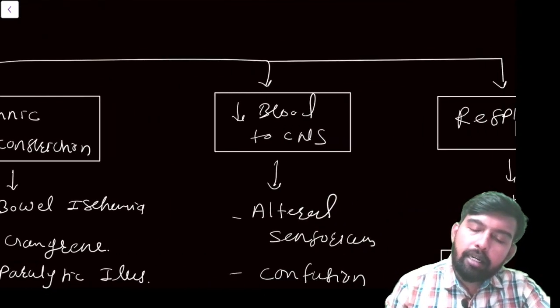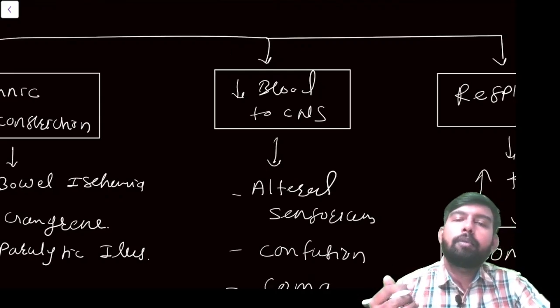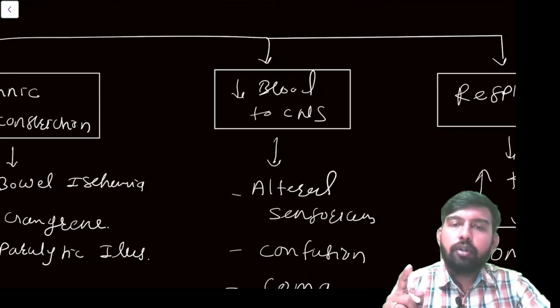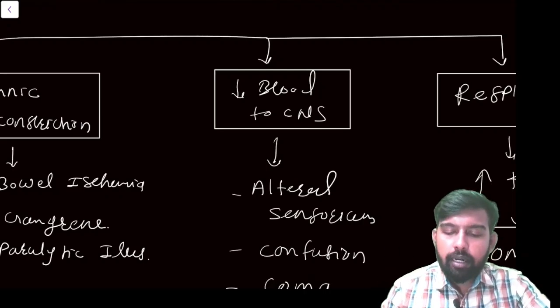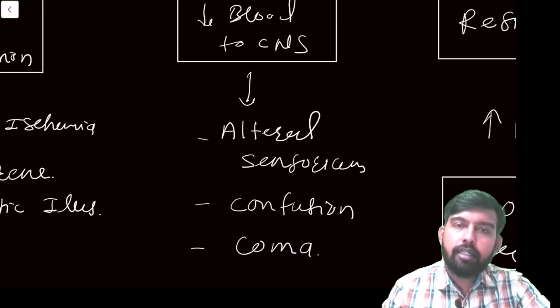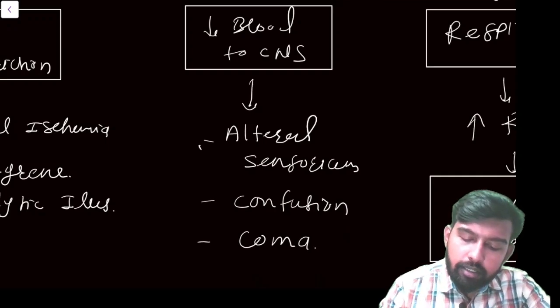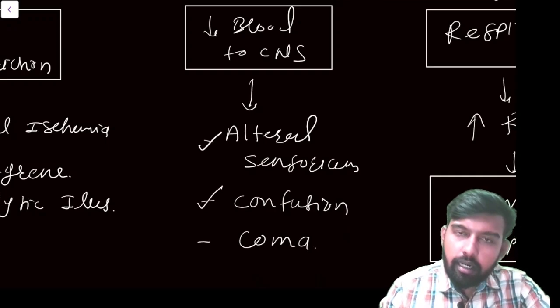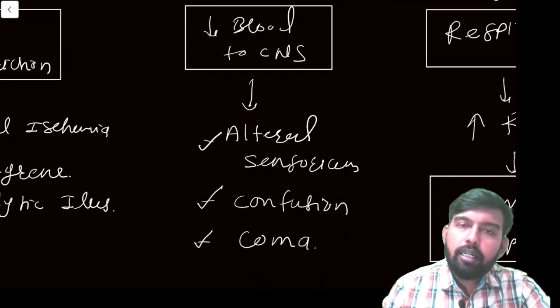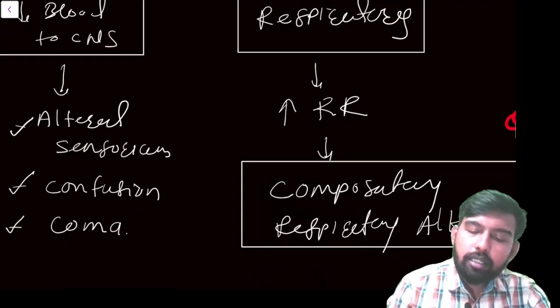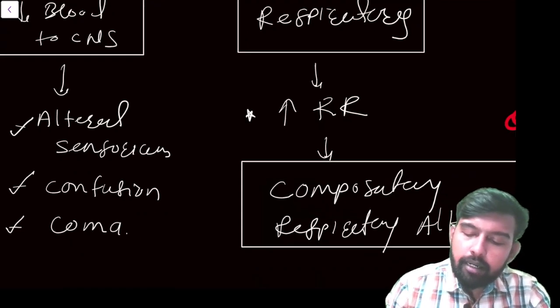Ultimately, over a period of time, the blood supply towards the vital organs also decreases because of the continuous blood loss, which will result in decreased blood supply to the brain, causing altered sensorium, confusion, and coma. Because of the decreased blood supply towards the lung, there is an increase in the respiratory rate.